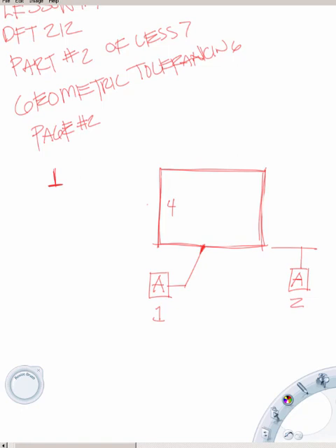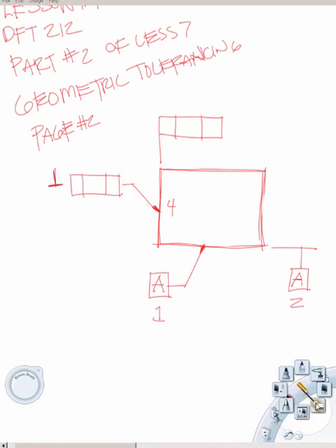A couple ways I could do it. I could do it like this. I could do it like this. I could do it like, let's see, how else I could do it. I don't have enough room, let me erase something.